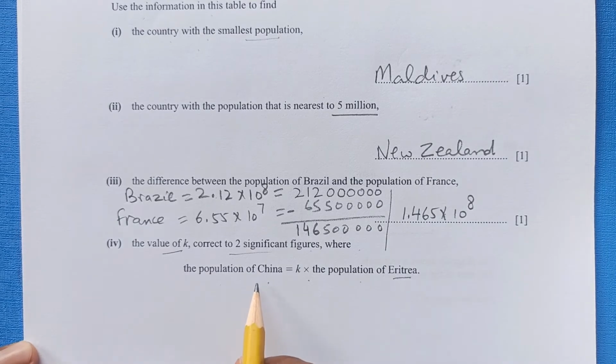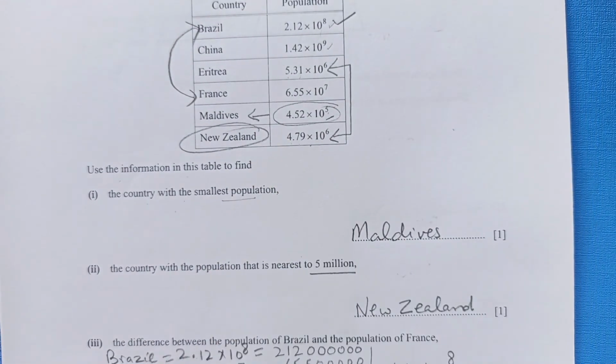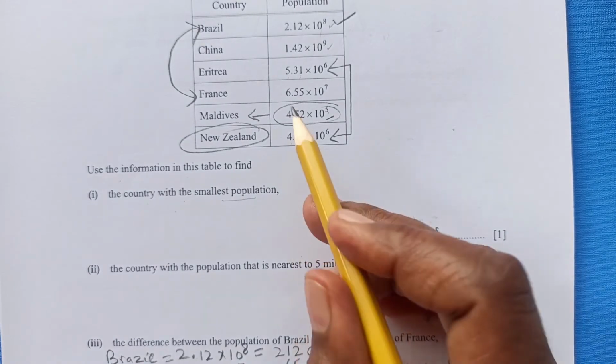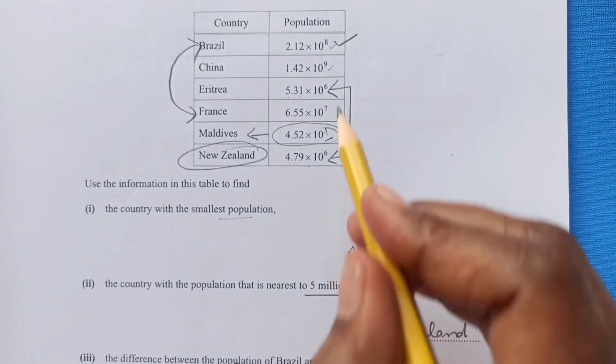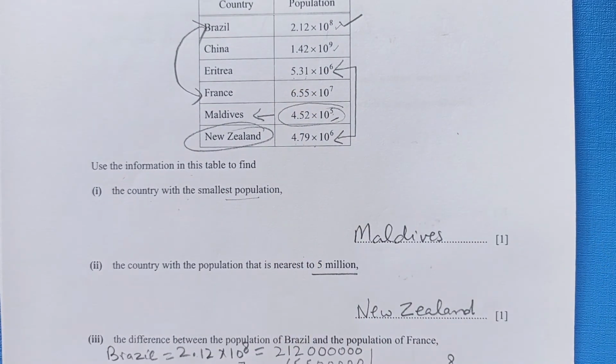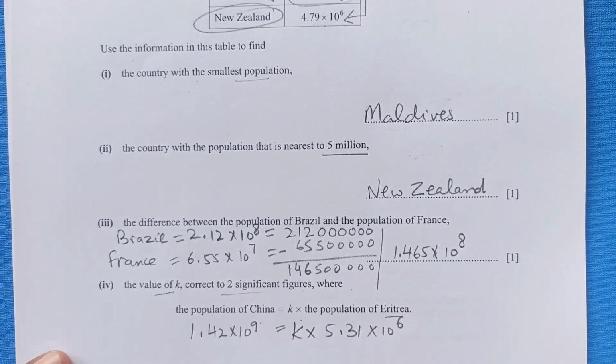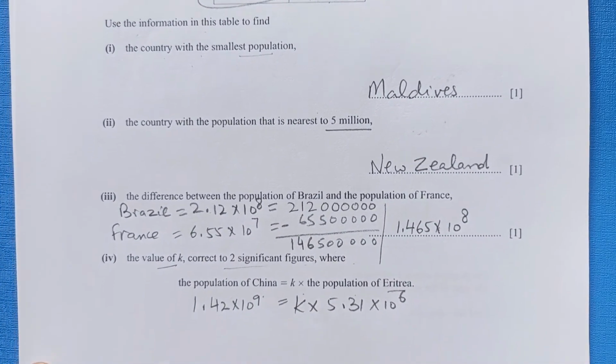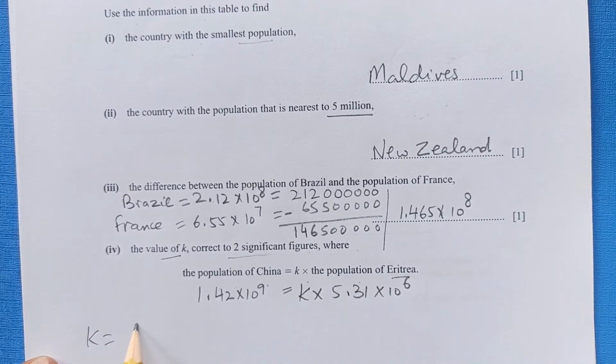So population of China is 1.42 times 10 raised to power 9 from here, and then population of Eritrea is K times 5.31 into 10 raised to power 6. So basically we have to find out the value of K here. So K is going to be 1.42 times 10 raised to power 9 over 5.31 times 10 raised to power 6.